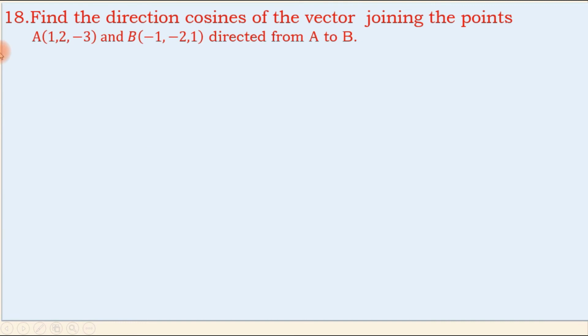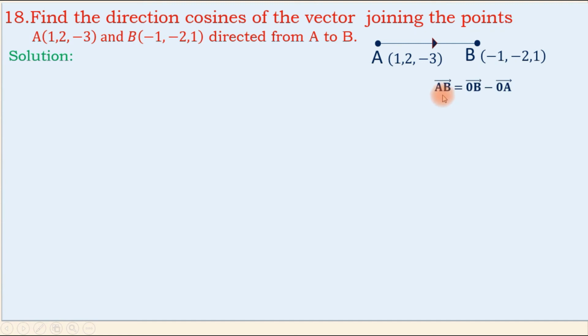Next, problem number 18. Find the direction cosines of the vector joining the points A of 1, 2, minus 3 and B of minus 1, minus 2, 1 directed from A to B. So here the vector directed from A to B, that is AB vector equals OB vector minus OA vector. So the point A is 1, 2, minus 3.